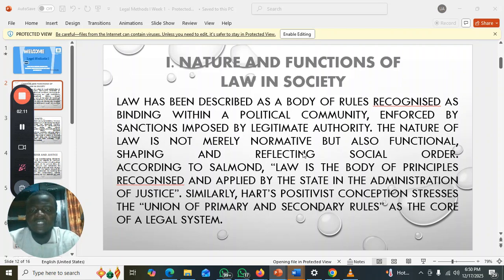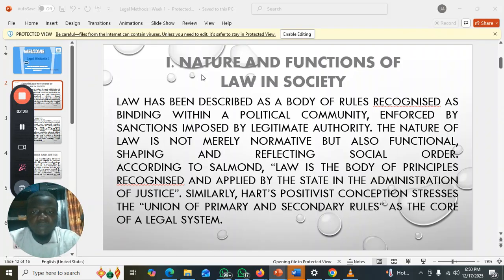The nature of law is not merely normative but also functional, shaping and reflecting social order. According to Salmond, law is the body of principles recognized and applied by the state in the administration of justice.